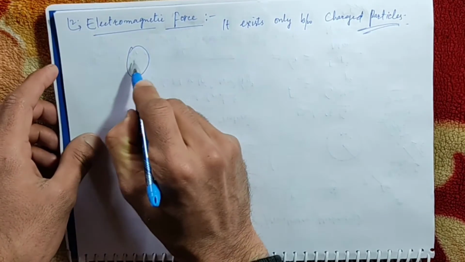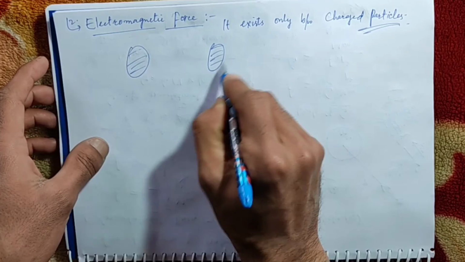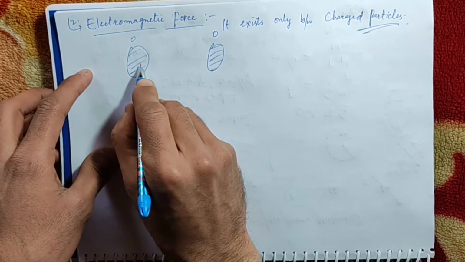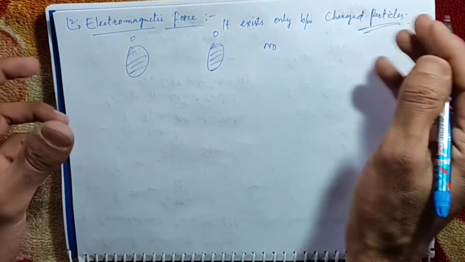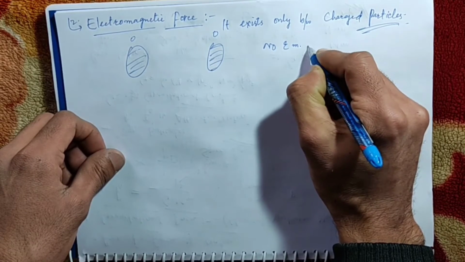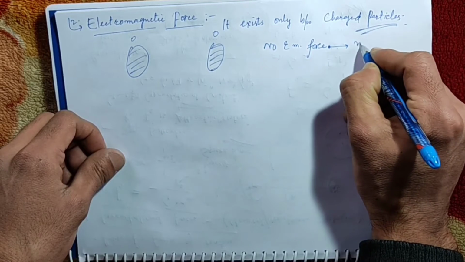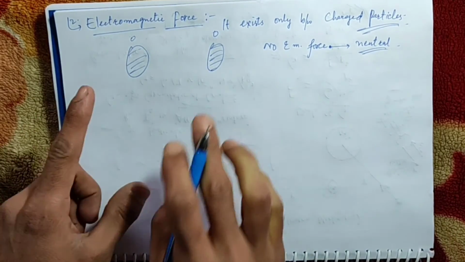For example, this is a particle or system A, and this is another system B. If this has charge 0 and this has charge 0, there is no attraction or repulsion, no electromagnetic force. No charge means neutral.